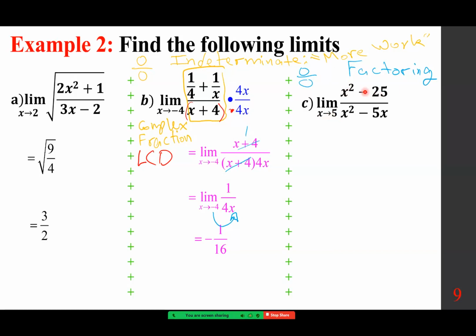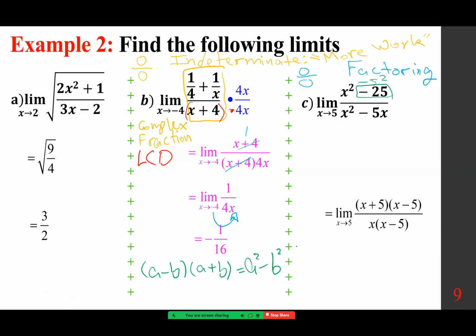In the numerator, we notice this is x squared minus 5 squared. So we use a minus b times a plus b is a squared minus b squared.